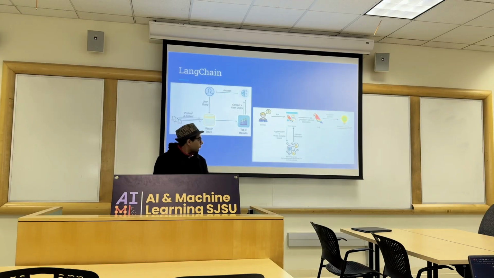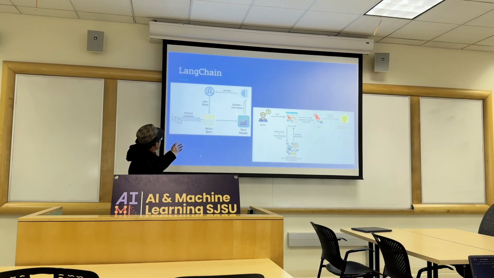And here's a general high-level overview of how LangChain works. Basically, we will upload the documents into LangChain, and the clinical trial data will be stored in the vector store.